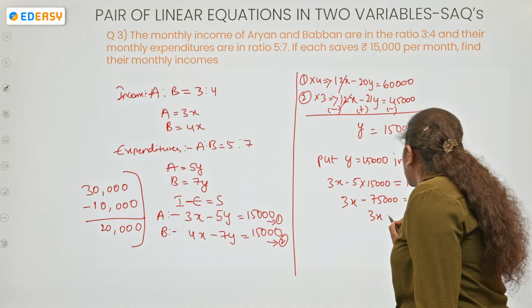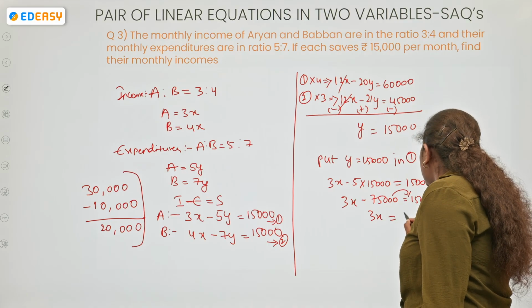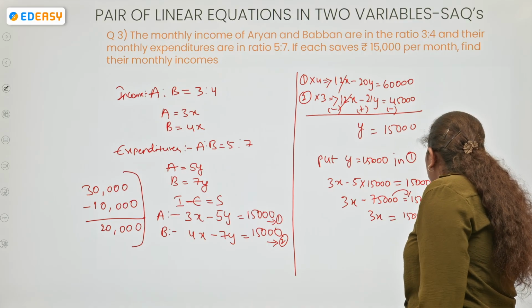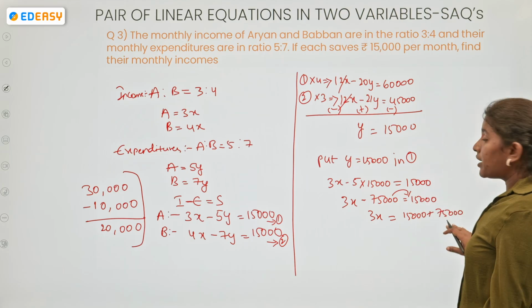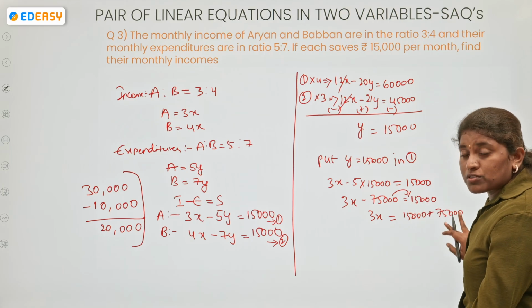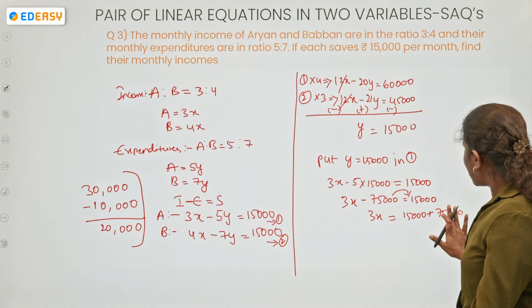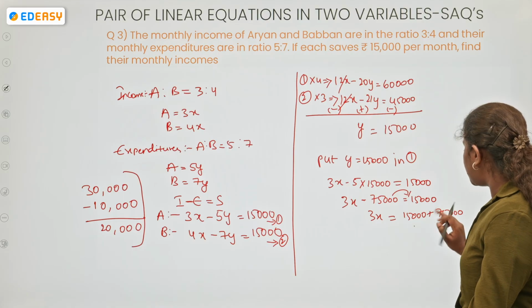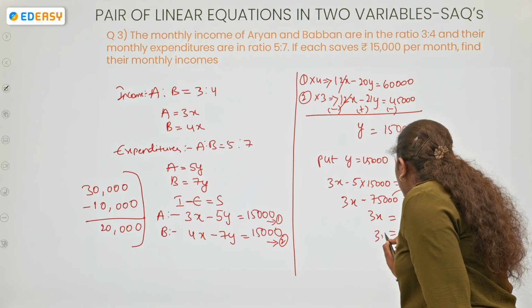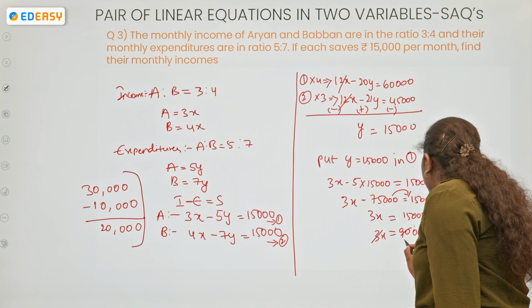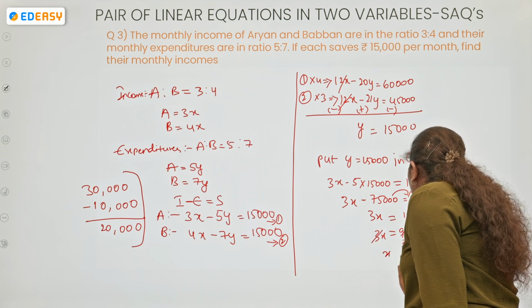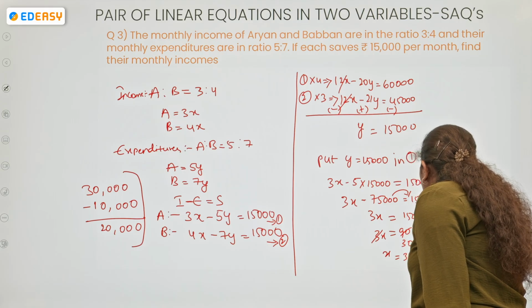Now 3x equals, take 75,000 to the other side, 15,000 plus 75,000. As I told you, if you are getting confused because of zeros, you can just add the numbers. 15 plus 75 is 90. So 3x equals 90,000. So 3 will cancel 90 thirty times, and we got x equals 30,000.